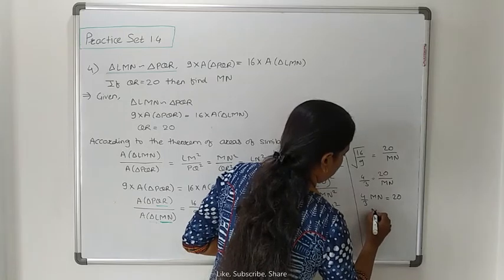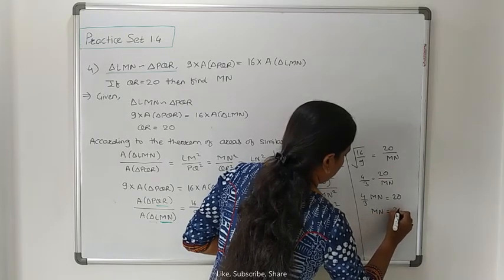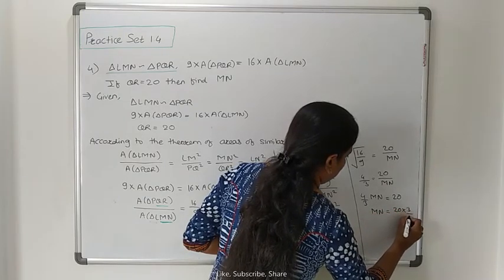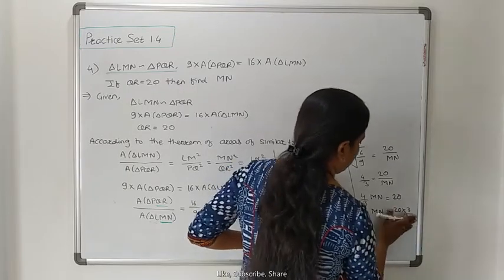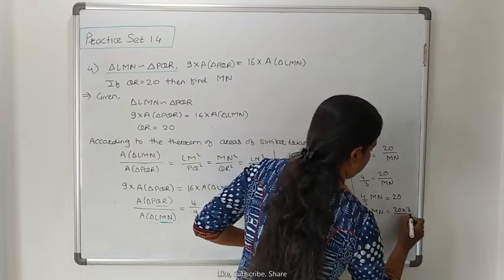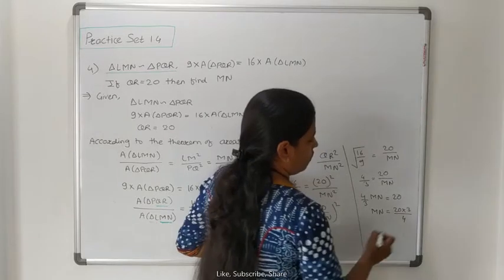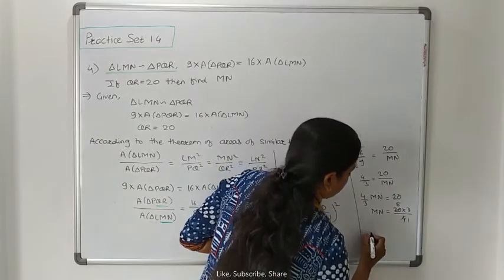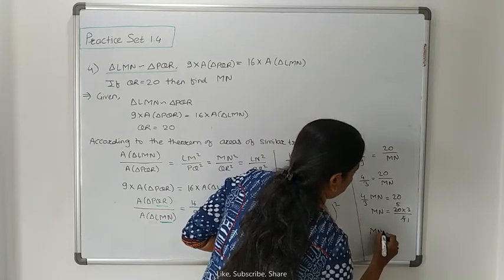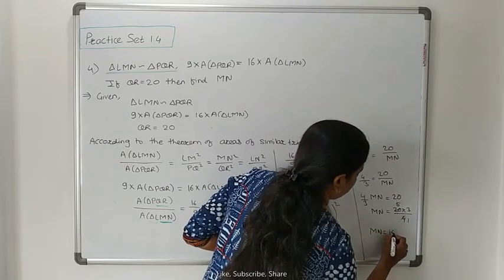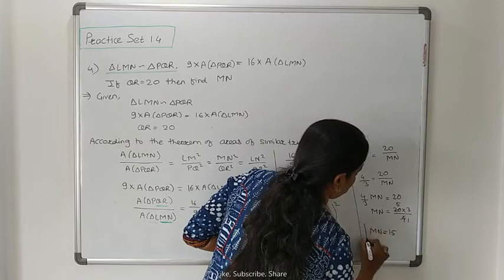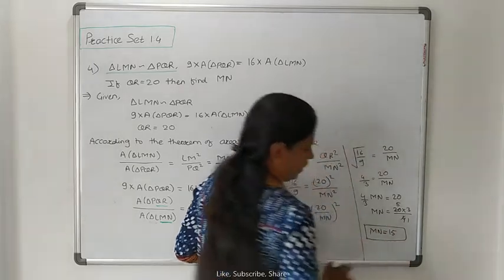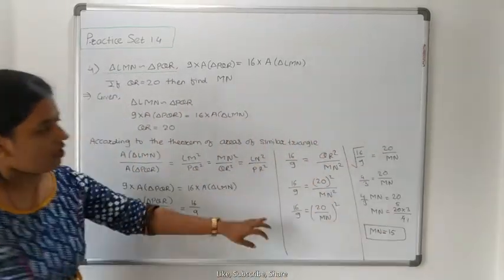Then MN is equal to 20 into 3 upon 4. Okay. Or you have to write like this. Then 4 5s are 20. That means MN is equal to what? 5 3s are 15. So MN is equal to 15. Okay? MN is equal to 15.